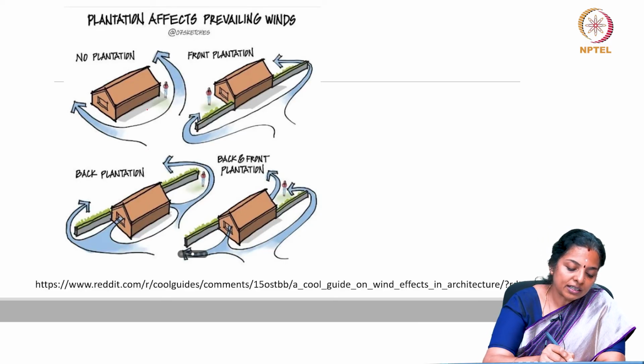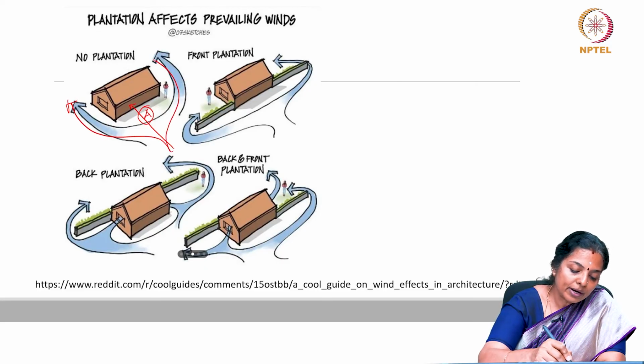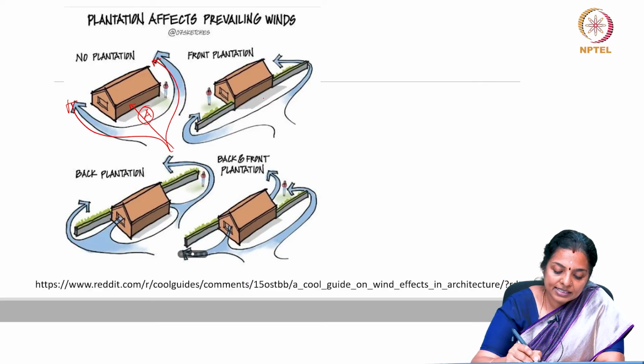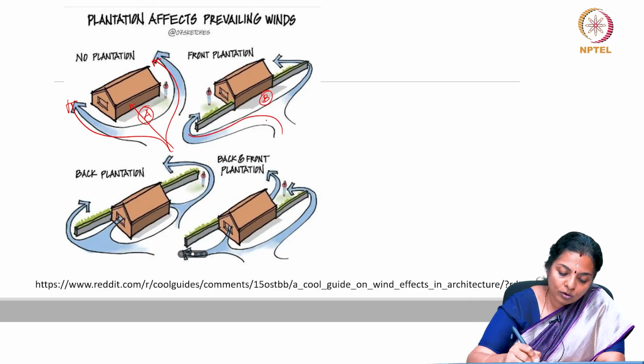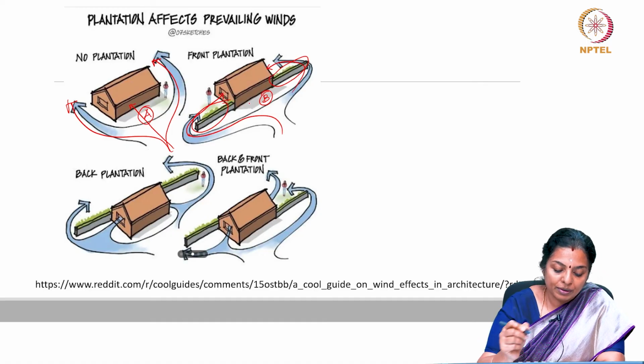In a situation as A, there are no openings along the direction of the wind and the house acts as an element to divert the breeze out. In the second scenario B, the wind flows, it is diverted out, but here you have two elements which divert the breeze in, and because of this the house will be ventilated.